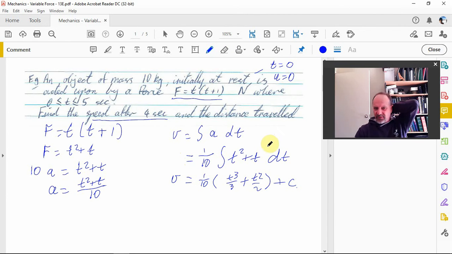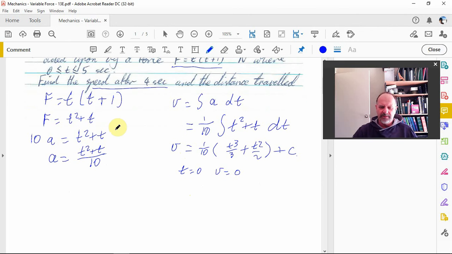Alright, now we need to find out what that constant is, and that's what we came up here initially at rest. So T equals 0, V equals 0. And so you can put those in, and 0 equals 1/10 of 0 cubed on 3 plus 0 squared on 2 plus some constant, and so our constant is 0.